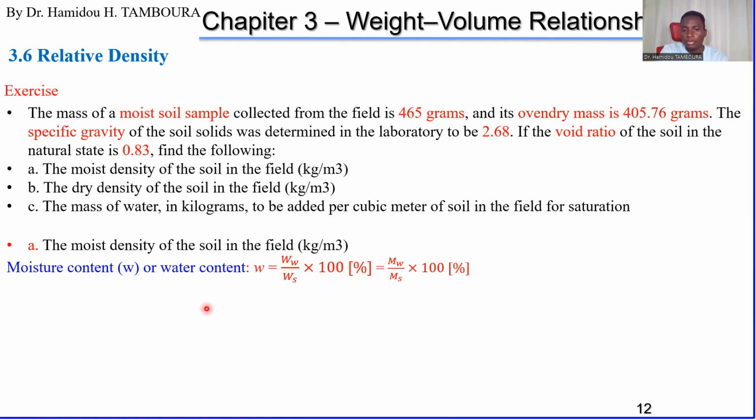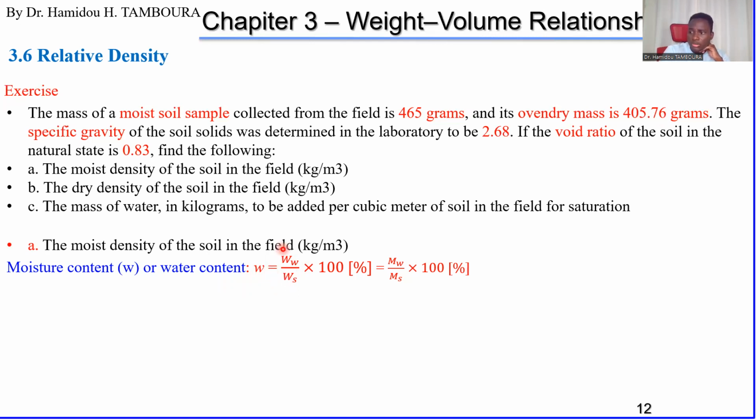Okay, so omega is the weight of water divided by the weight of soil. How can we obtain the weight of water here? And I told you also, instead of weight, we can also use mass.